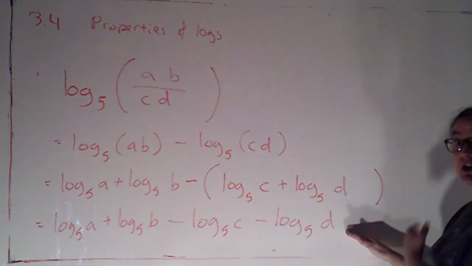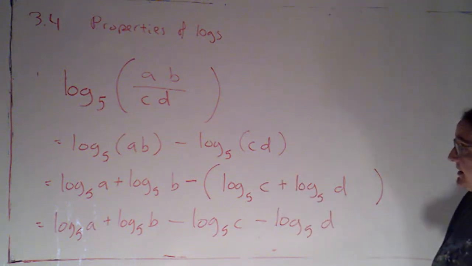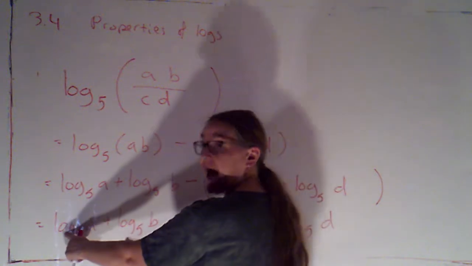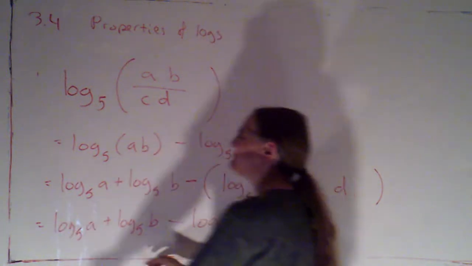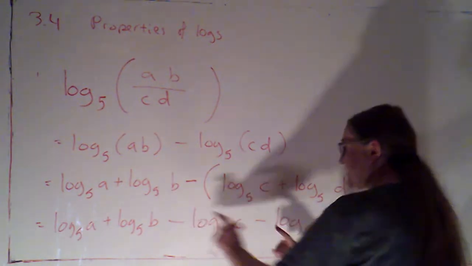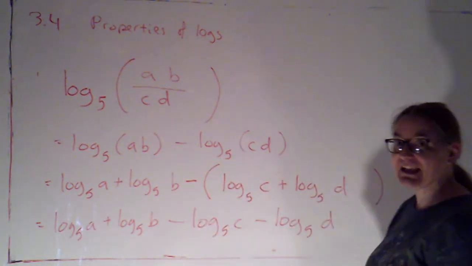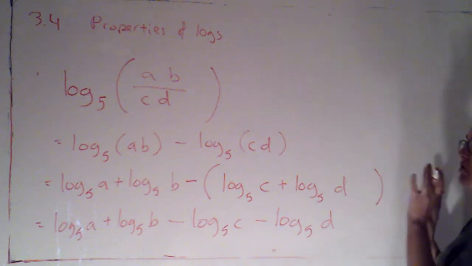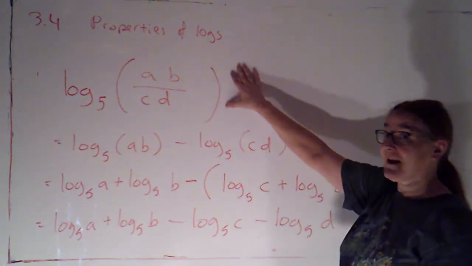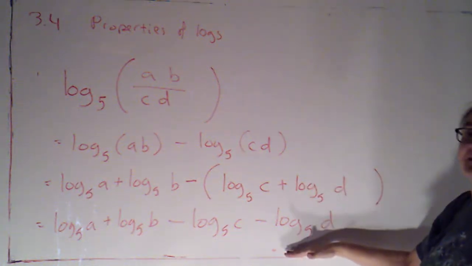And now you can see what the shortcut is. A and B were on the top. We got a positive copy of their logs. C and D were on the bottom. We were subtracting their logs, or we got a negative copy of their logs. So basically, once I've recognized that, I can go straight to this.